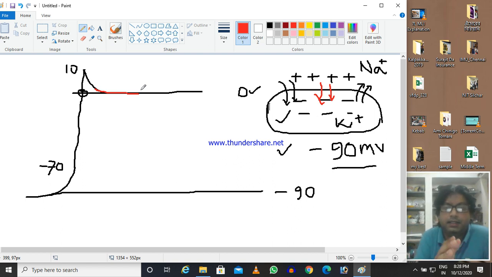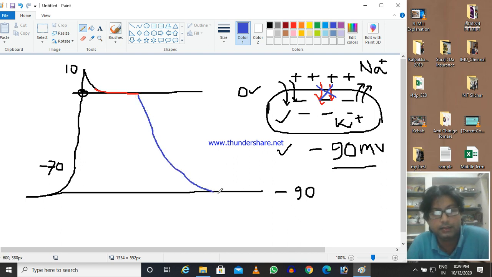For a certain instant the cell becomes neutralized, and after that the calcium channel closes, but the potassium channel is still open, and very rapidly potassium goes out, which again increases the negativity of the cell, and it comes back to minus 90 millivolt.